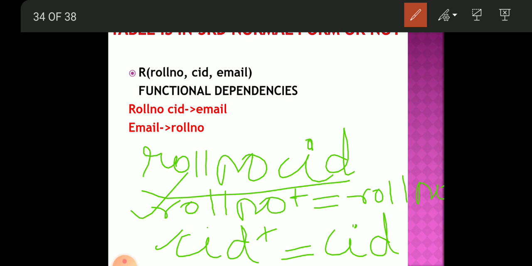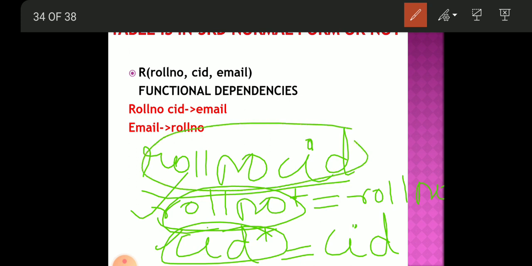So roll number alone and CID alone are not super keys. If no proper subset of this super key is a super key, then we say this is a candidate key. So this super key is a candidate key for this relation.